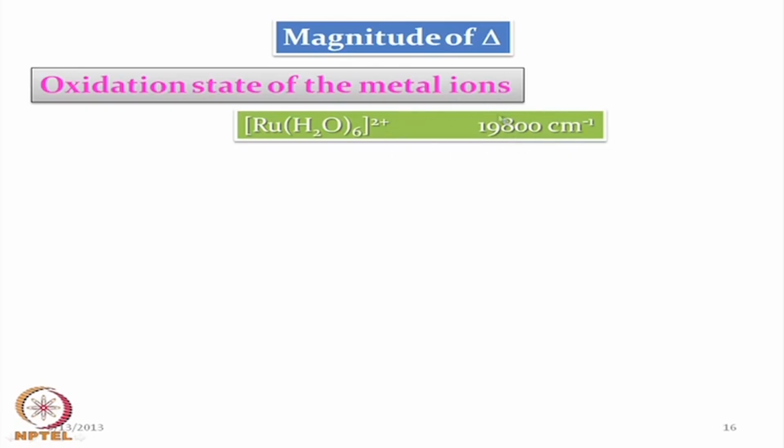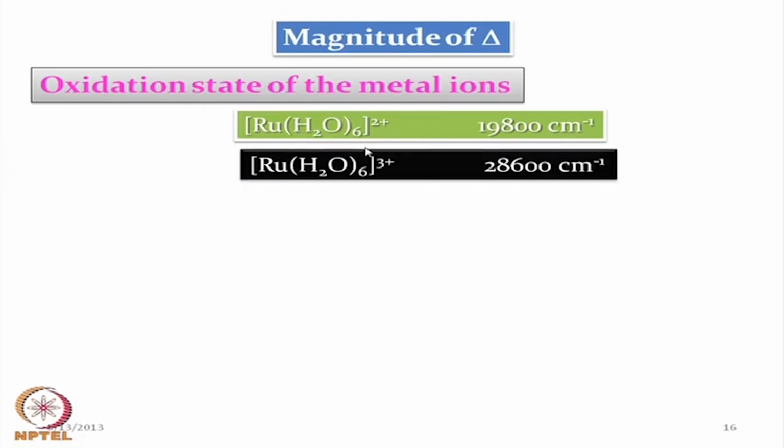This also gives some idea about the corresponding pairing energy term, which is also known for the ruthenium system, and we can compare what type of spin state we can have, whether we get this compound as a high spin or a low spin one.